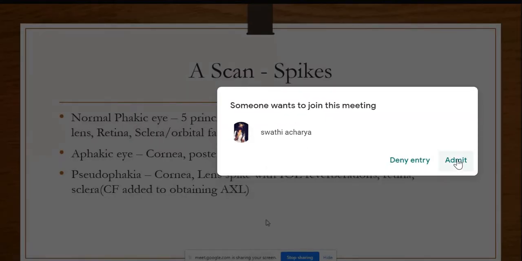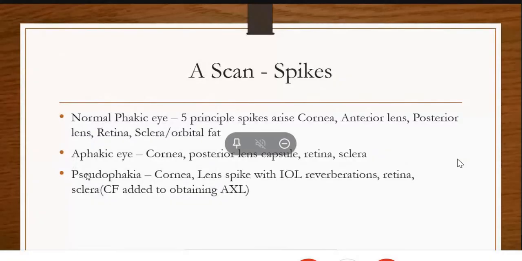But in cases of pseudophakia, you will see the IOL spike, but it will not have that much amplitude or height. Instead, you will have a small spike which denotes the IOL. So cornea and lens spike, and IOL reverberations you will see, and then the retina and the sclera.